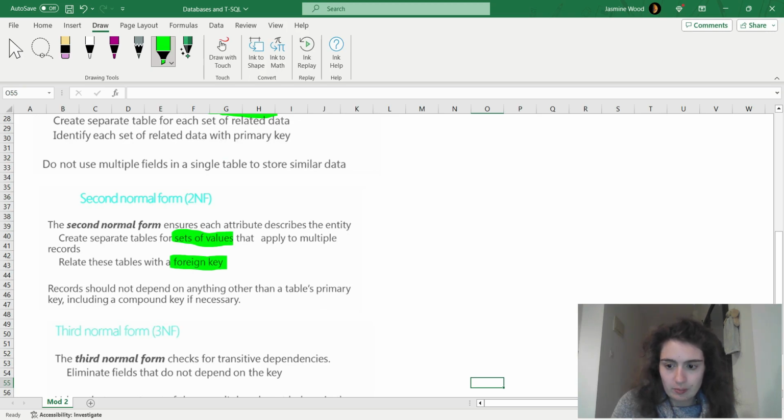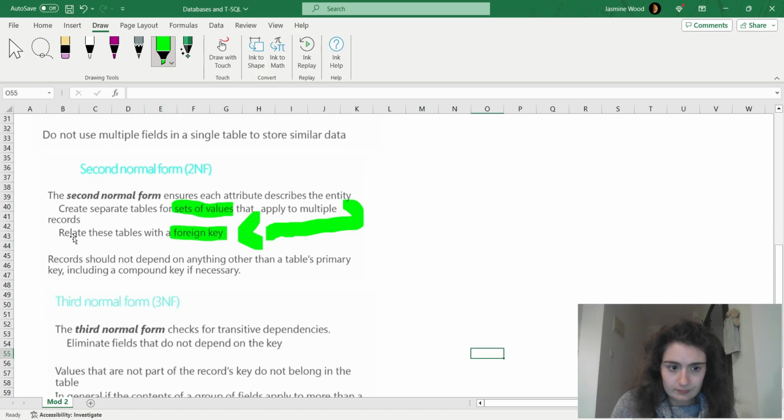And each of these sets apply to essentially other sets of data, but they all are in reference to what's called the foreign key. So it's how the second normal form establishes essentially relationships between sets of data via a foreign key. Or it's also called a primary key.